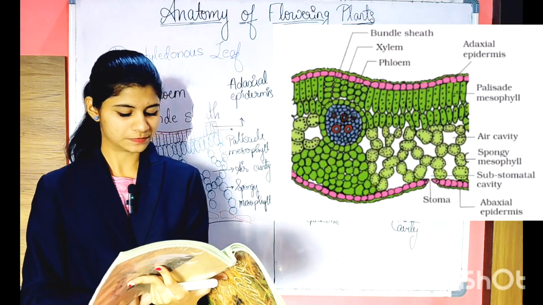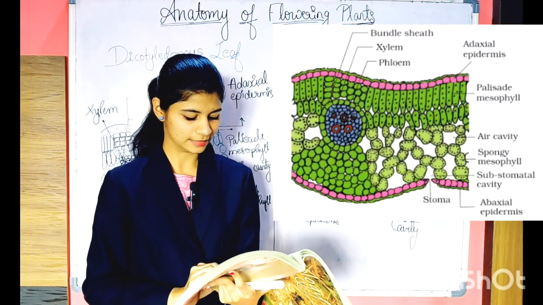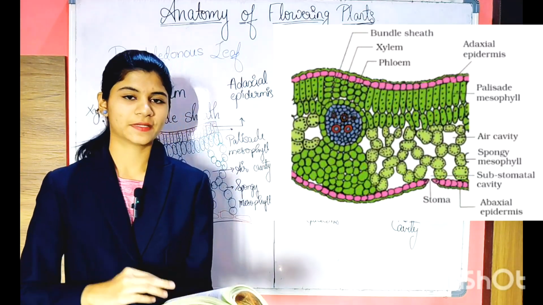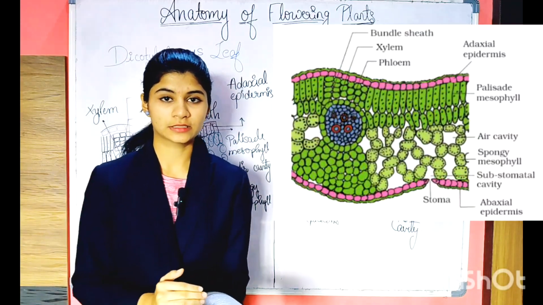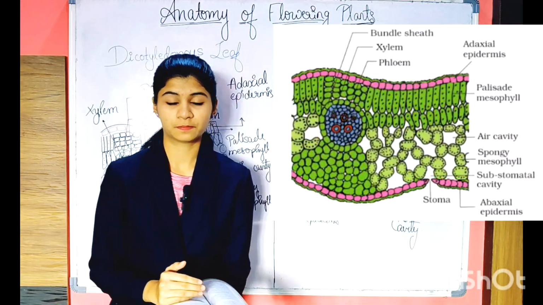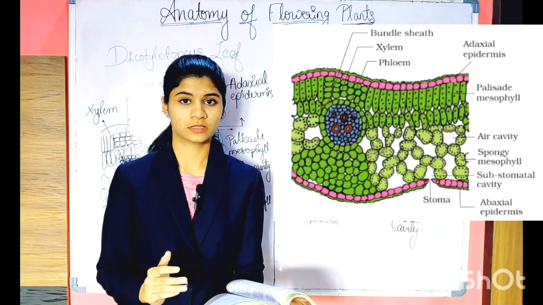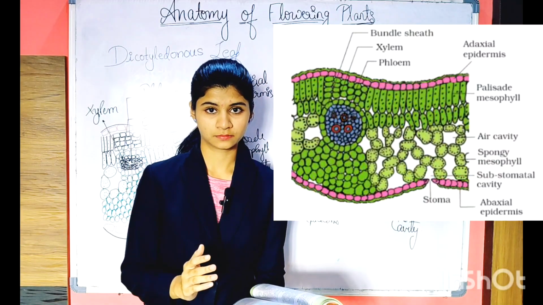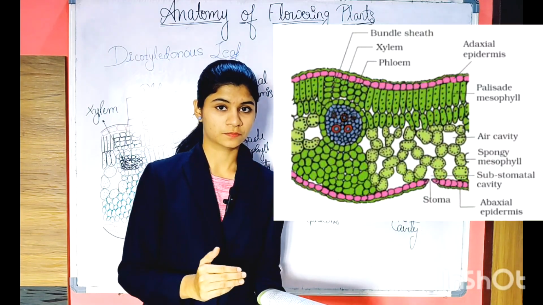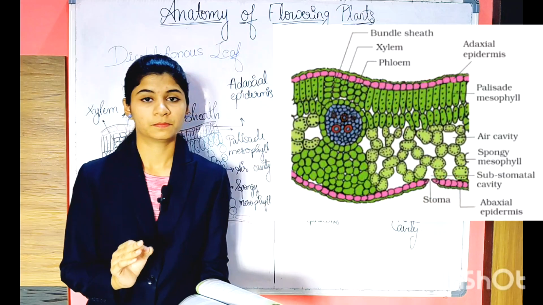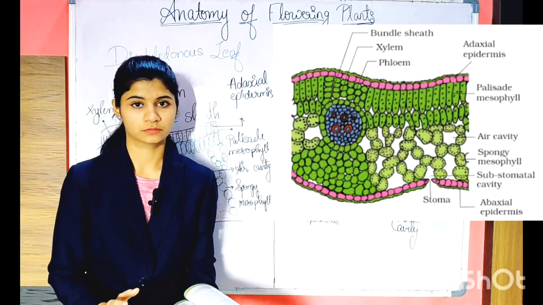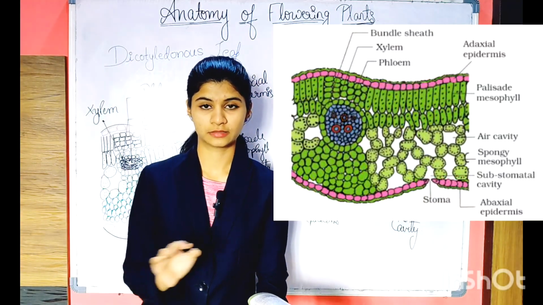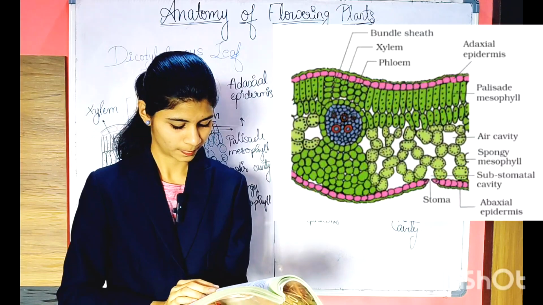Now, mesophyll possesses chloroplast and carries out photosynthesis, and it is made up of parenchyma. Parenchyma cells play a major role in the leaf, the stem or the root. Parenchyma plays the most important role in these green colored leaves.